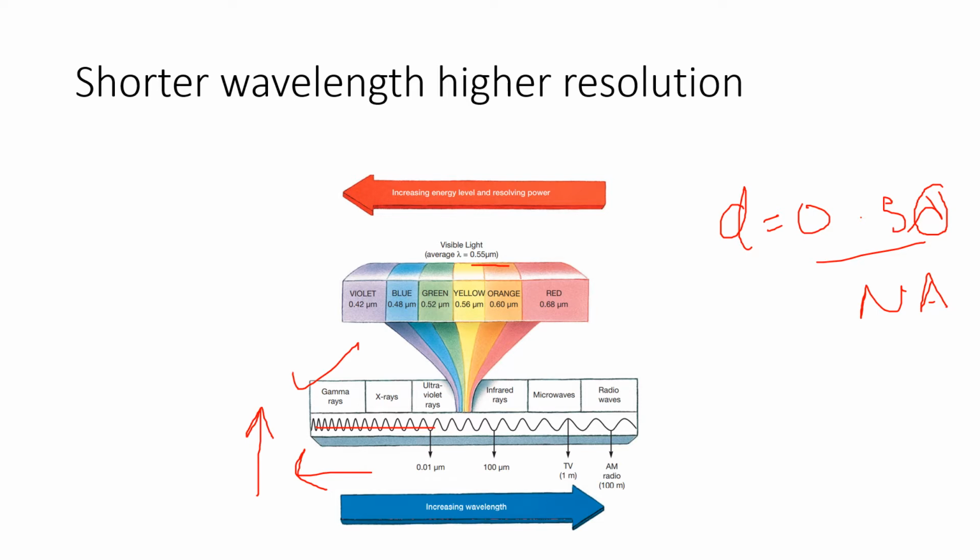Now, can you tell me one more thing? What if I talk about electrons? Electrons have the shortest wavelength. They behave like both particles and waves. So when they have such a short wavelength, how much higher resolution will electron microscopy provide?